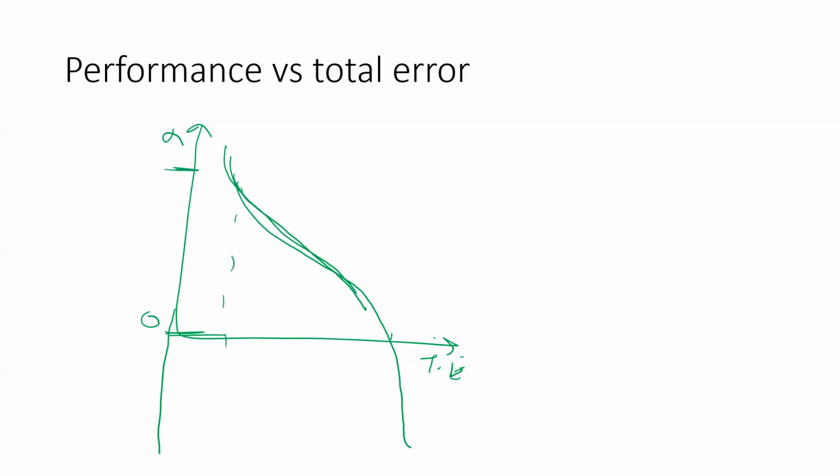So it makes sense: higher error means very bad performance. A stump is just a decision tree with one split, so these are called stumps.